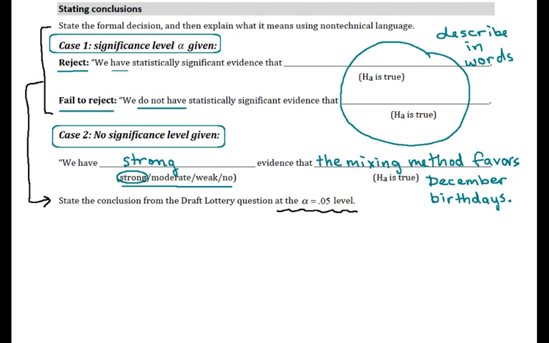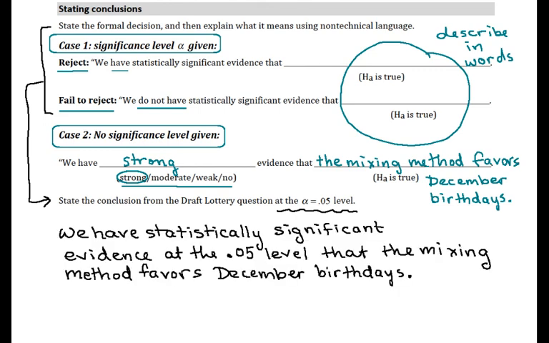We have statistically significant evidence at the alpha equals 0.05 level if we want to, that, and then we just have to describe that HA is true. So I wrote this as we have statistically significant evidence. We could say at the 0.05 level, that's not a required part of our conclusion, because we're told the significance level, that the mixing method favors December birthdays.